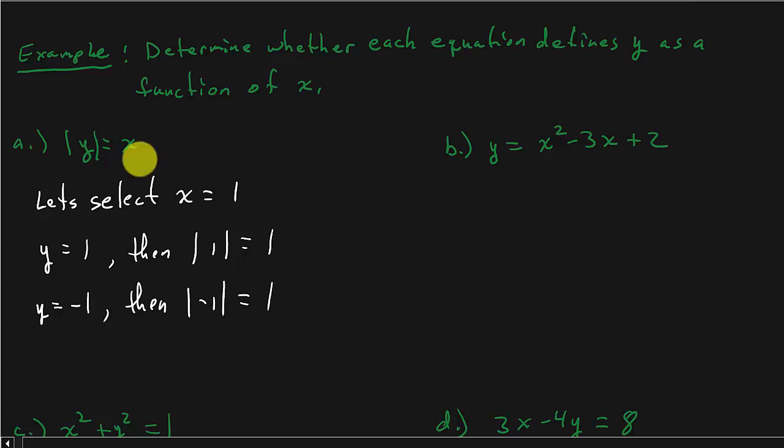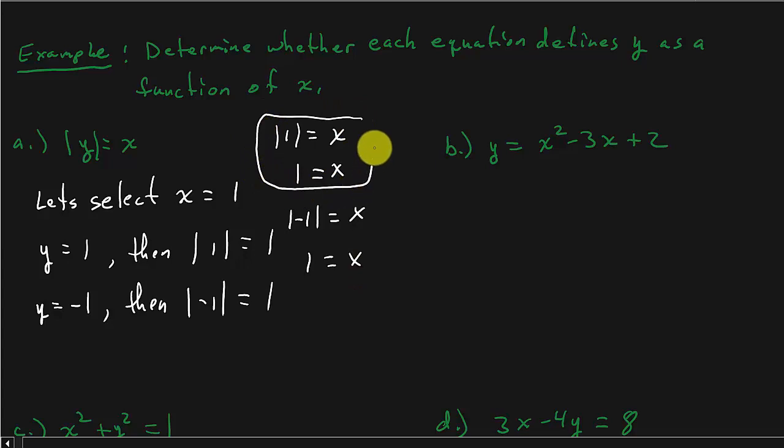So, in other words, if I take 1 and I plug it into this equation, I get x equal 1, right? And if I take -1 and I plug it into this equation, I get 1 equals x.